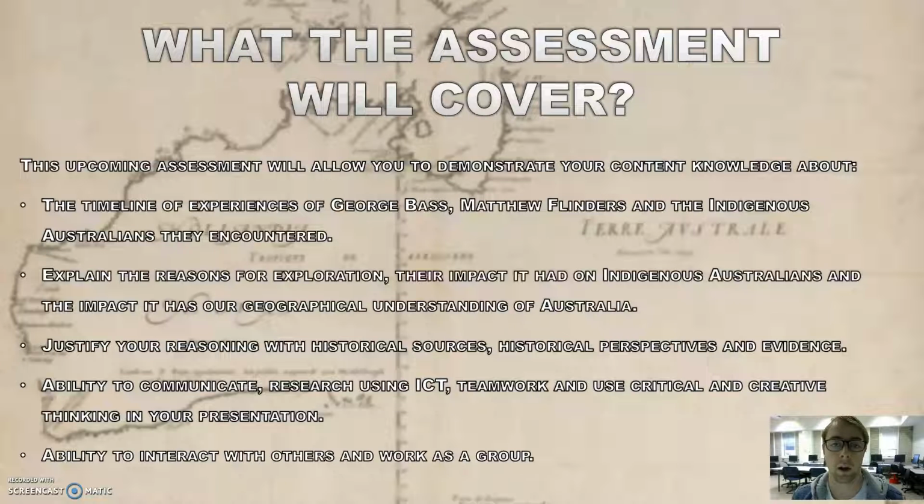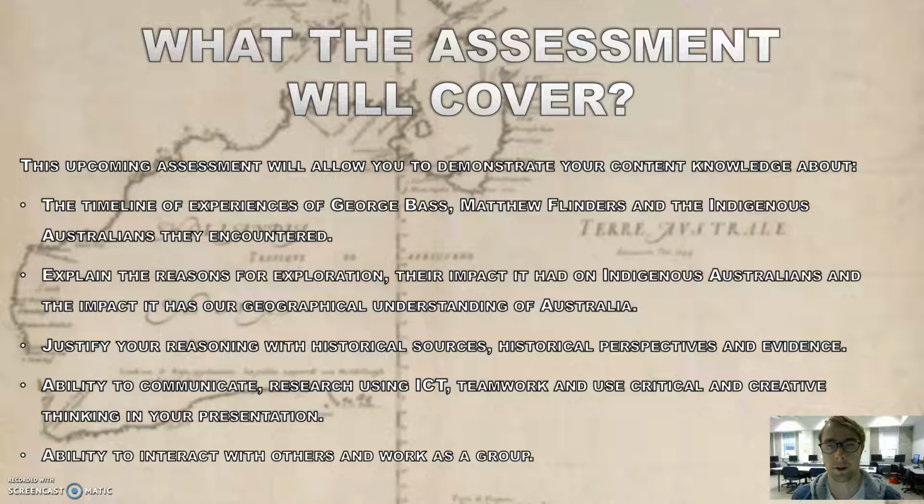I'll also need you to demonstrate your knowledge about why these explorers set out on their voyage, the impact it had for Indigenous Australians that they encountered, and also what it meant for us in our knowledge of the geographical layout of Australia. What changed after Matthew Flinders and George Bass discovered some aspects of Australia?